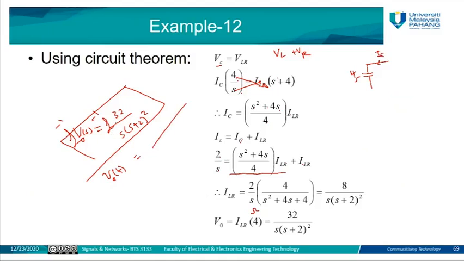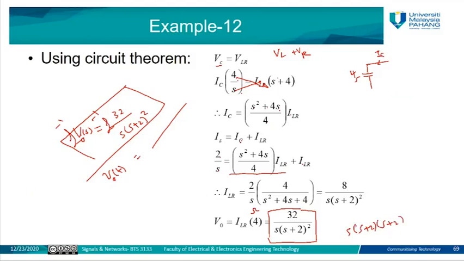So how can we find the inverse Laplace for this equation? This expression actually consists of 3 poles, and 2 poles are repeated. So you have S plus 2 times S plus 2, and we have S here. So you have 3 poles, but 2 of them are repeated.